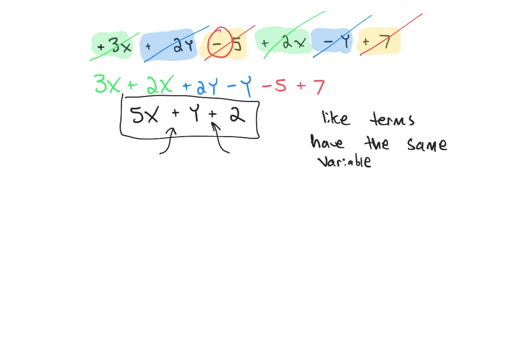So you can only combine things with the same variable or no variable. So x's go with x's, y's go with y's, constants go with constants. And then if we had exponents, something like x squared would go with an x squared. Those are our like terms.